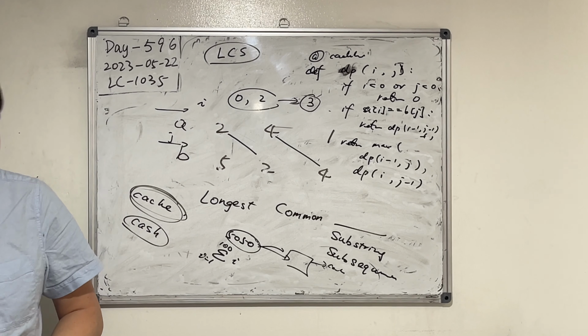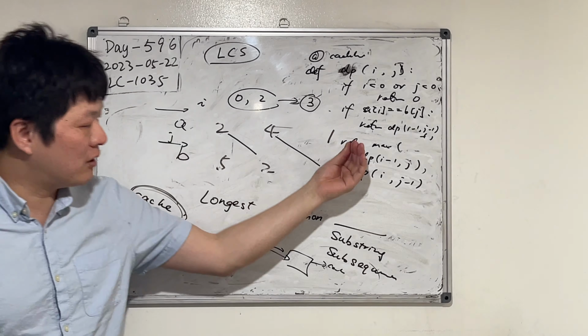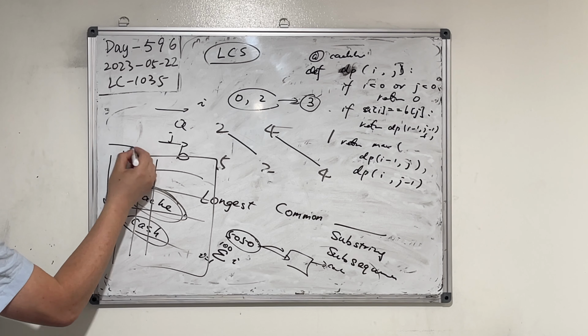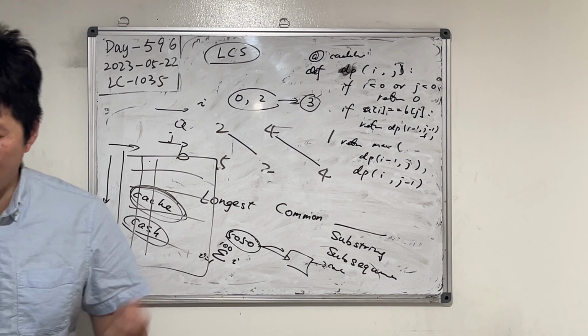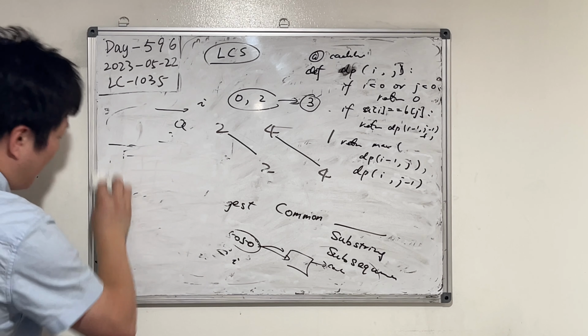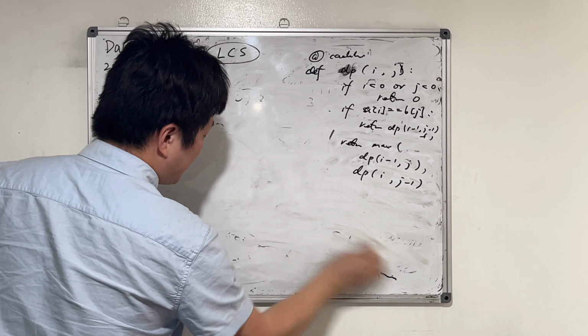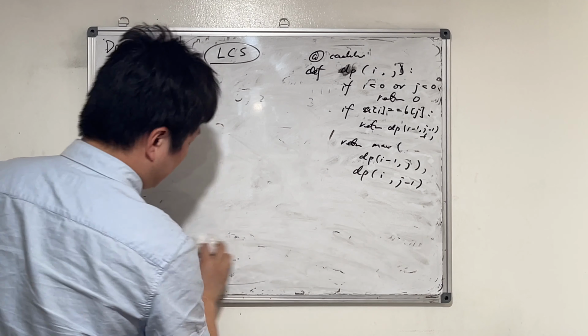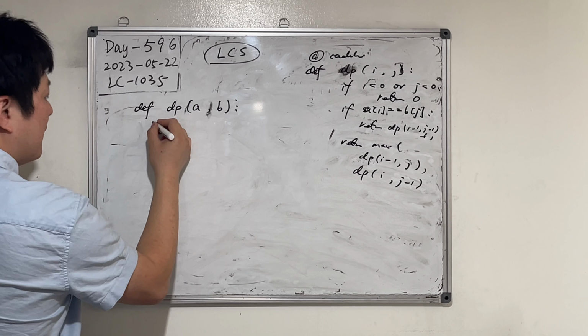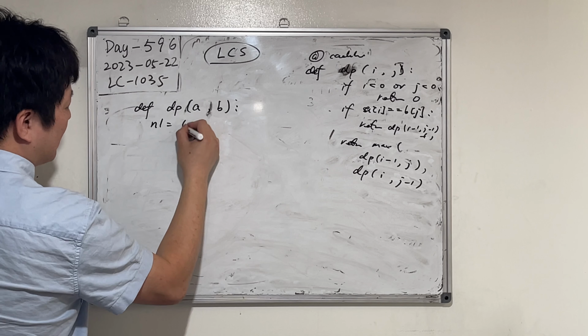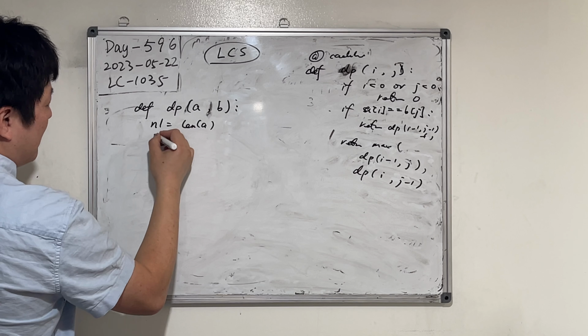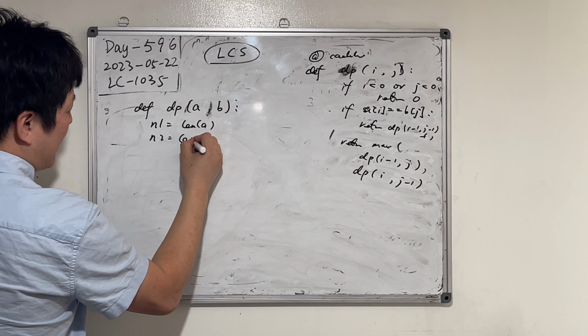We talk about the bottom-up values here. We fill the numbers from top to bottom, from left to right. Bottom-up dynamic programming. We're going to optimize the bottom-up dynamic programming for longest common subsequence. Define dp(a, b). n1 equals the length of a, n2 equals the length of b.